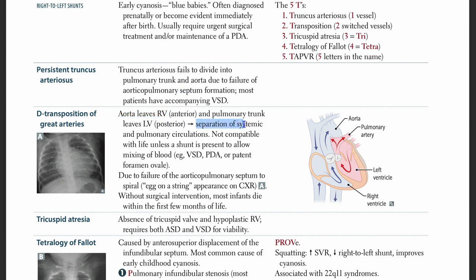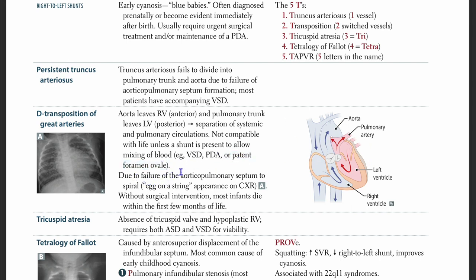So separation of systemic and pulmonary circulations is not compatible with life unless a shunt is present to allow mixing of blood, right? So VSD would do that too. That would cause mixing of blood. PDA would allow some oxygenated blood to go into the system as well, or patent foramen ovale. So that's between the atria. That will also allow that.